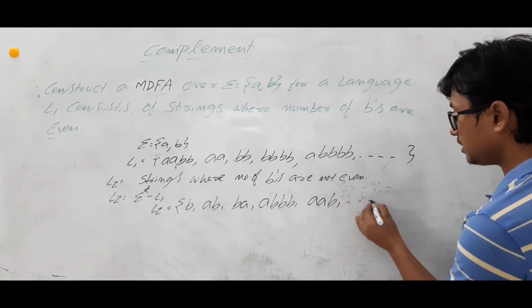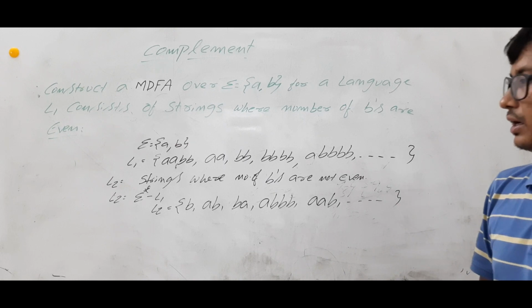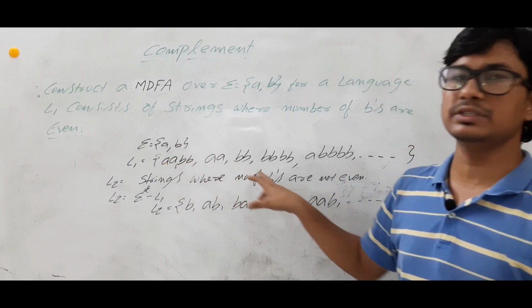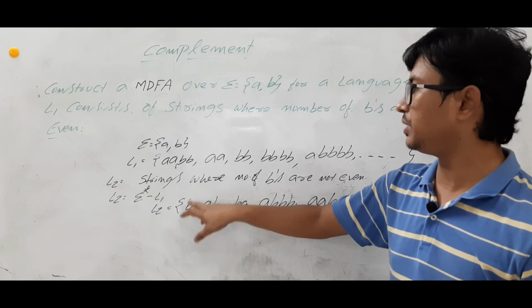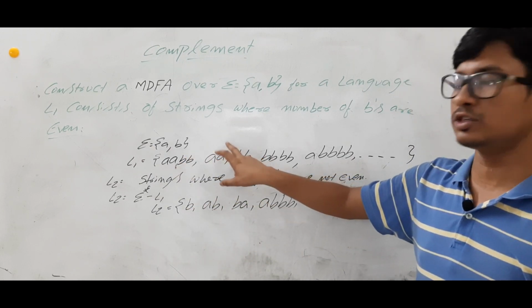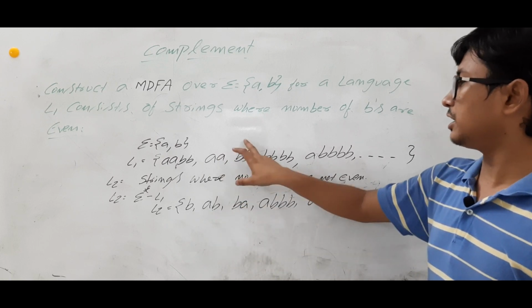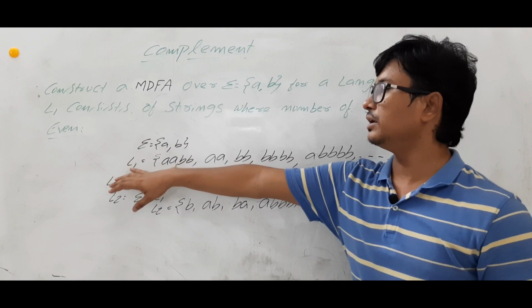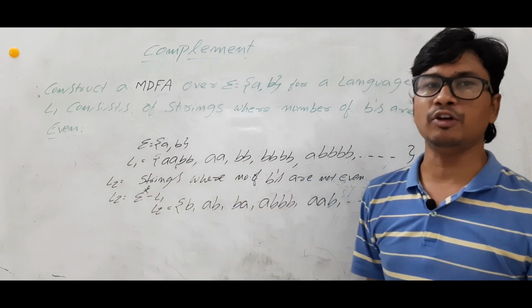If you see this, L2 has strings which do not belong to language L1. B does not belong to language L1, the string AB does not belong to L1, the string BA does not belong to L1. So I can say that L2 is the complement of language L1.